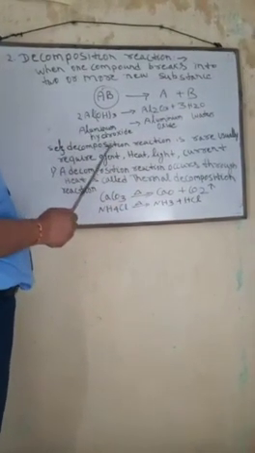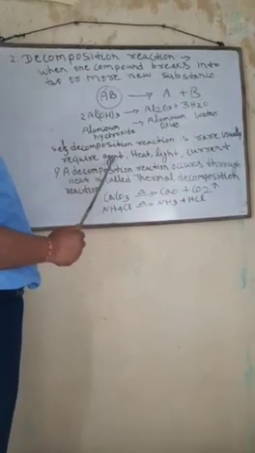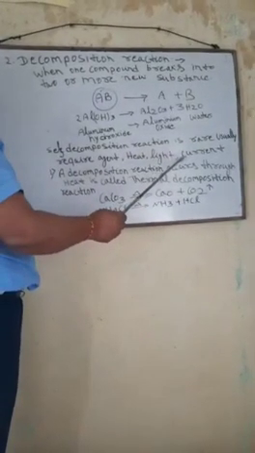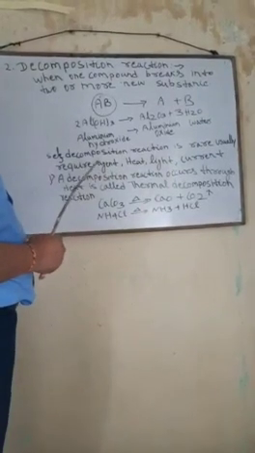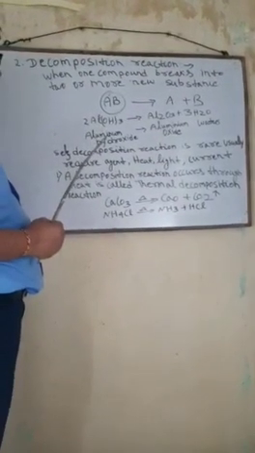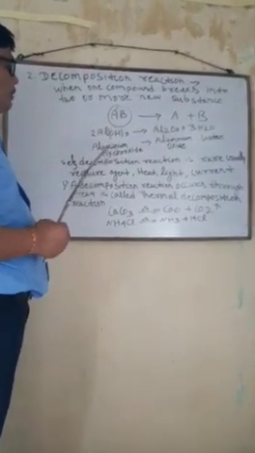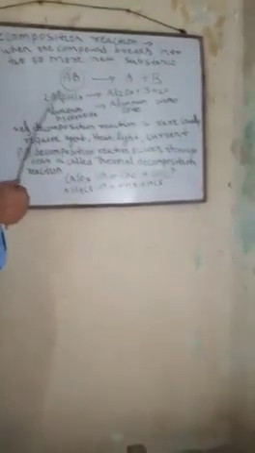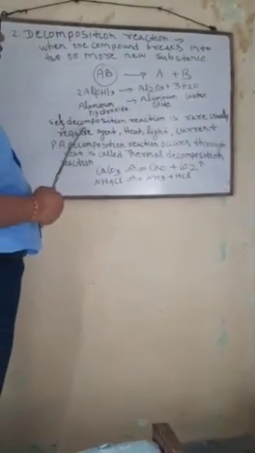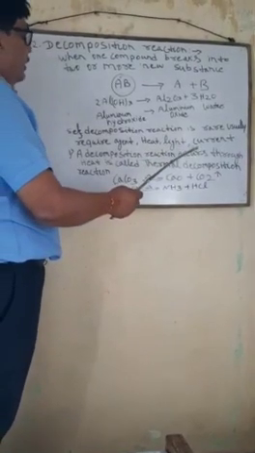Self decomposition reaction is rare, usually requiring an agent: heat, light and current. Decomposition reaction सिर्फ रेयर केस में होता है, जबकि उसके डिकम्पोजिशन के लिए एजेंट की आवश्यकता होती है. तो एजेंट ऑफ डिकम्पोजिशन रिएक्शन इज हीट, लाइट, current.